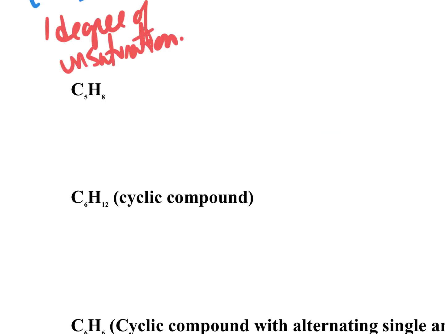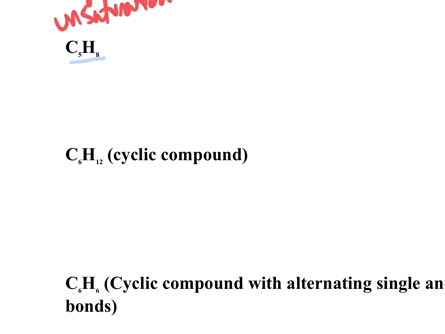So when it comes to C5H8, this is an example where we've lost a second set of hydrogen. So 2 more hydrogen have gone, which means that we have 2 degrees of unsaturation.